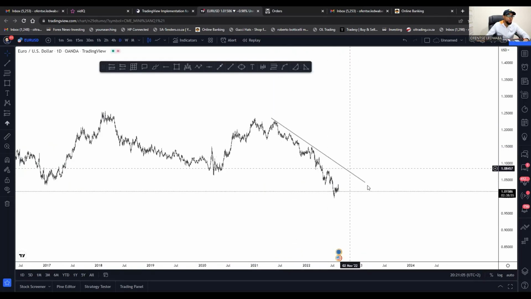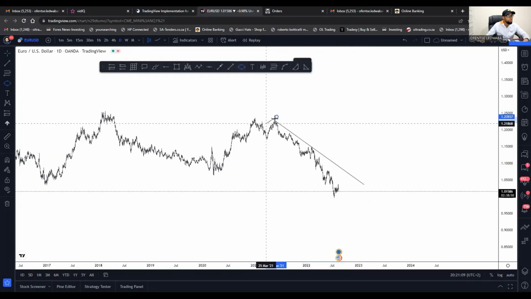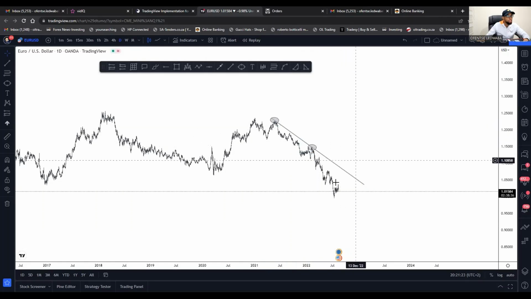Already by me drawing this line from this peak, from this peak and this one, we already see that the market is playing below.